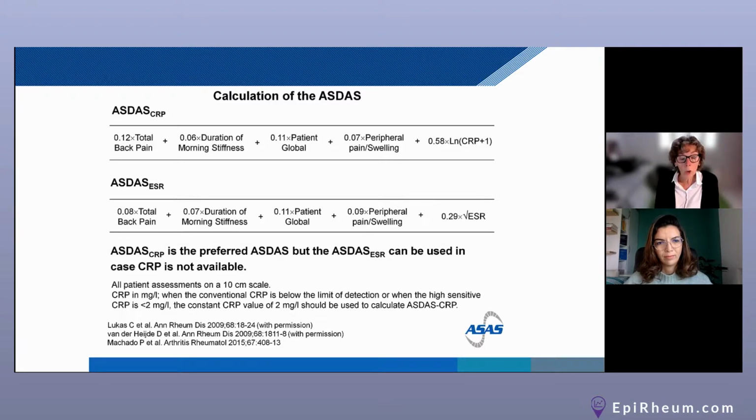You can also calculate what is the rating of one variable when you would start with just that variable. And in the example of the ASDAS, they have almost an equal weight in the formula, even though you would not tell this from the formula that you see here.